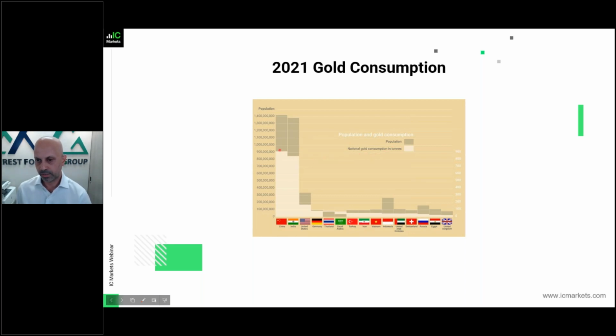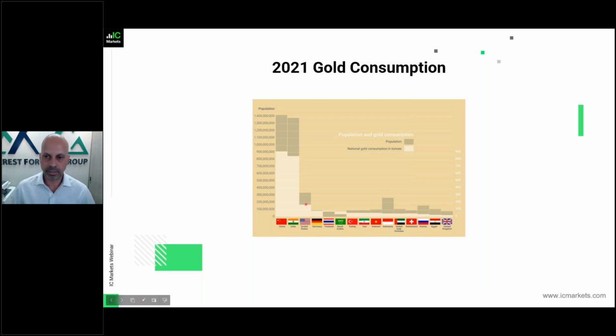As you can see, China in 2021 consumed just over 900 tons of gold, India about 850 tons, and the third largest consumer was the United States, coming in close to 200 tons. So China and India by far are the largest consumers of gold, and this is primarily coming from the jewelry sector.